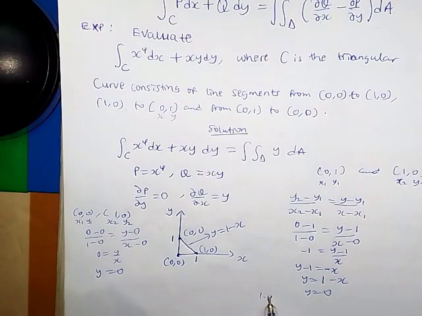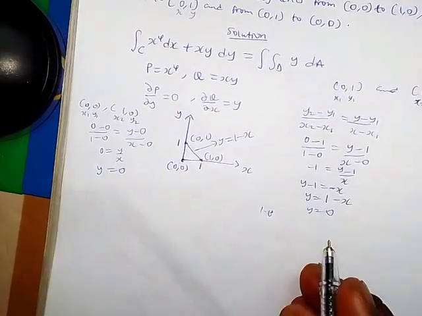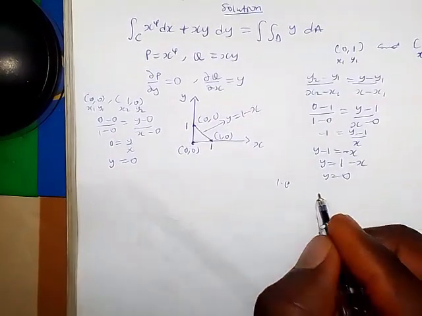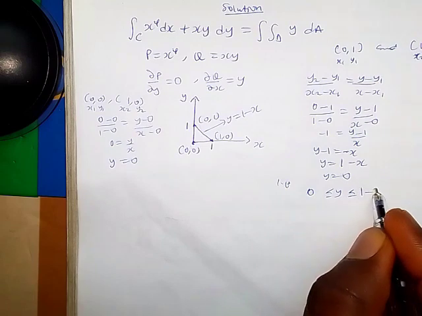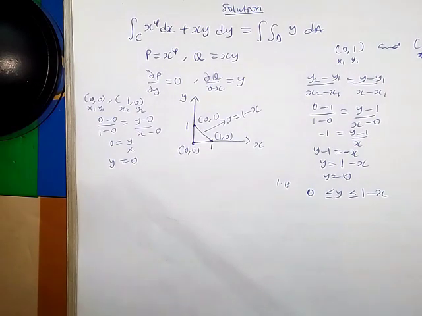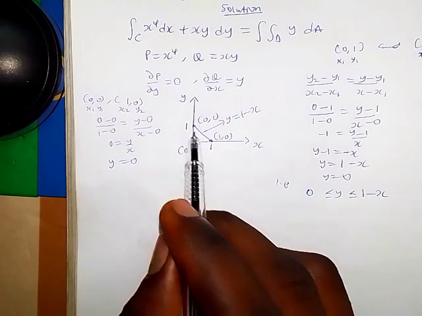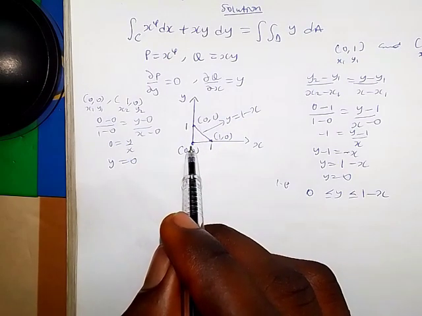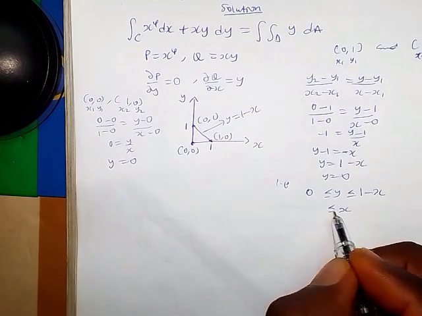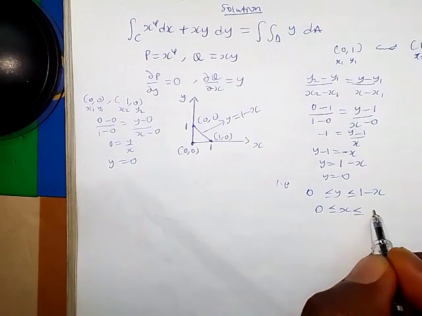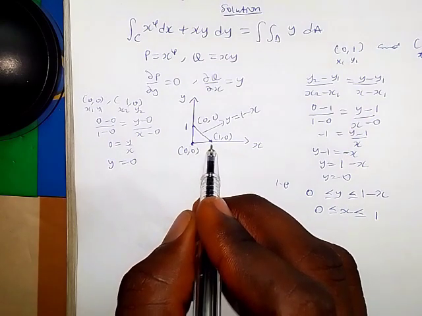That is, y lies between 0 and 1 minus x. From our triangular curve, x is from 0 to 1, so x lies between 0 and 1.